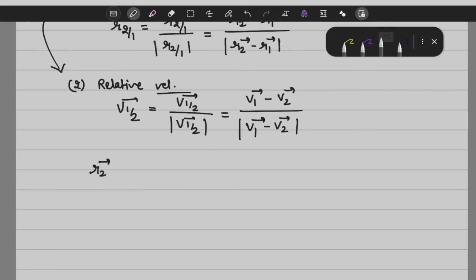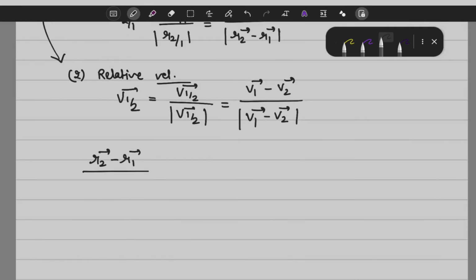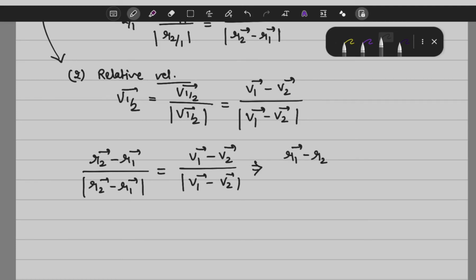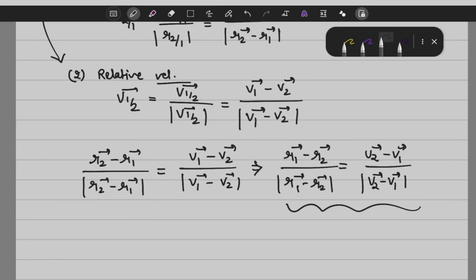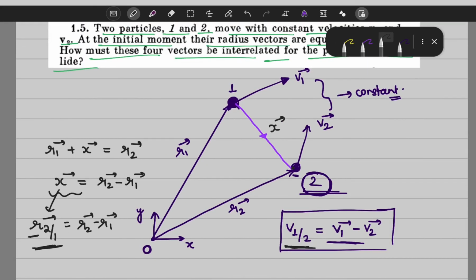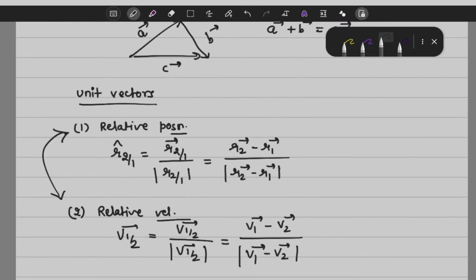So (r2 minus r1) divided by the magnitude of (r2 minus r1) is equal to (v1 minus v2) divided by the magnitude of (v1 minus v2), or we can also write (r1 minus r2) divided by its magnitude is equal to (v2 minus v1) divided by its magnitude. This is the case where particle 1 is at rest and particle 2 is moving in this particular direction.